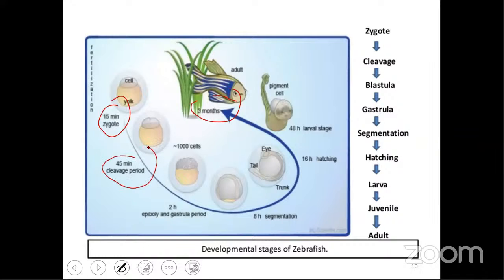Within 45 minutes, cleavage, and gastrulation in 2 hours. Segmentation within 8 hours. Hatching within 16 hours. The larval stage takes 48 hours. And within 3 months, it becomes a perfect 100% adult zebrafish. So this slide represents the development stages of zebrafish.